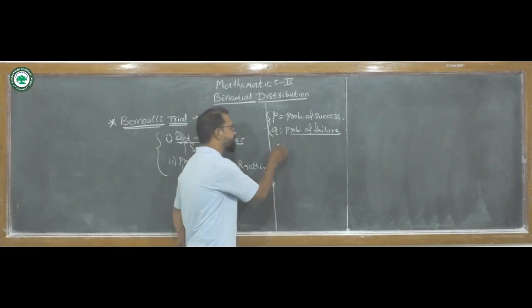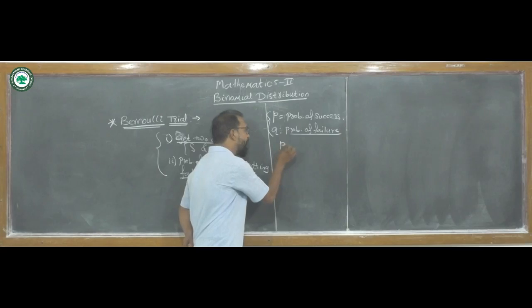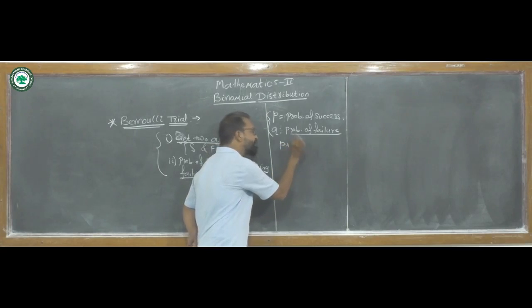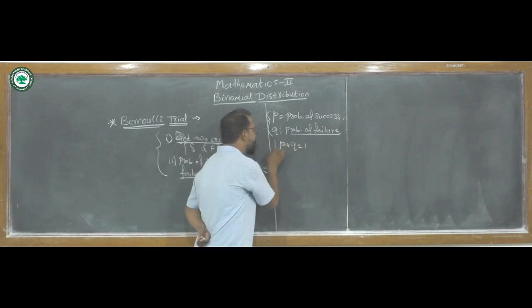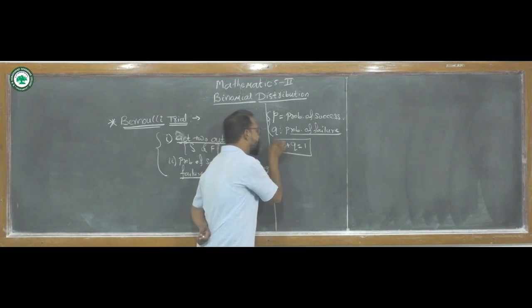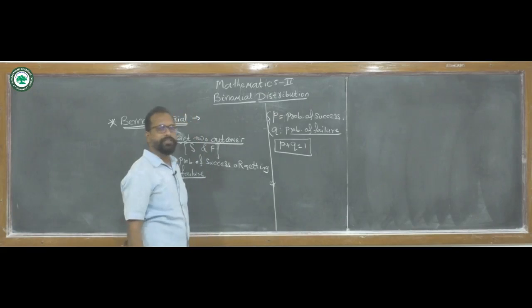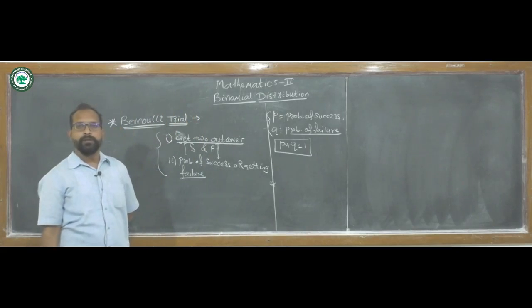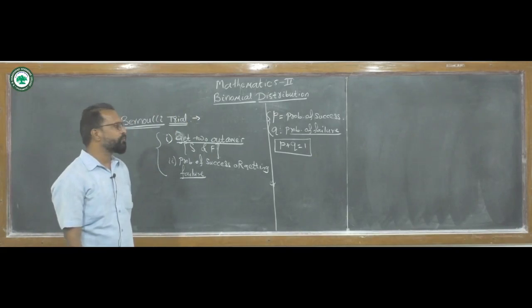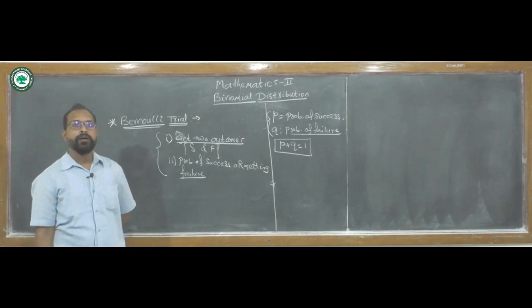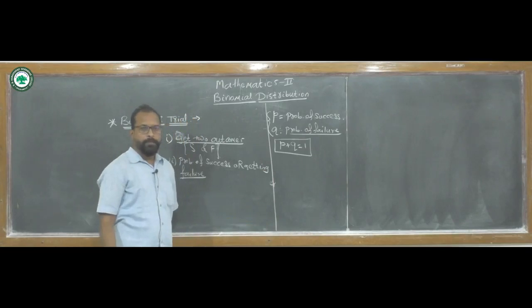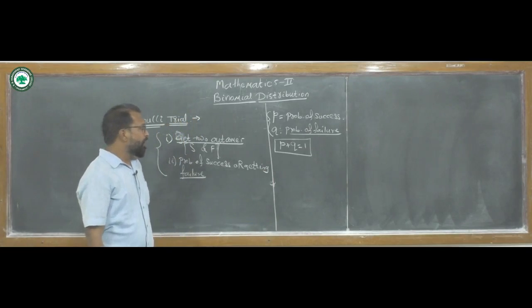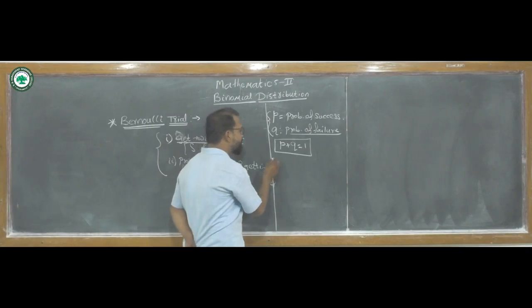And we know that the probability of the sample space is always 1. So we get the result p plus q equals 1. That is the relation between the probability of success and the probability of failure.